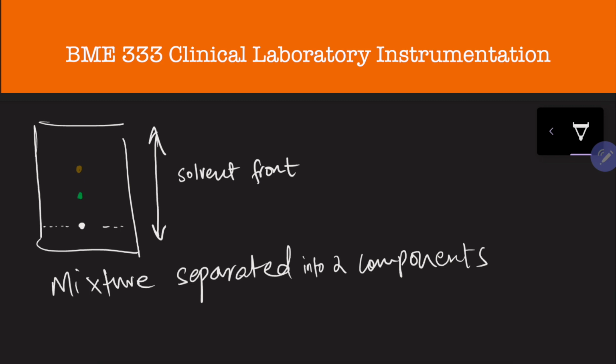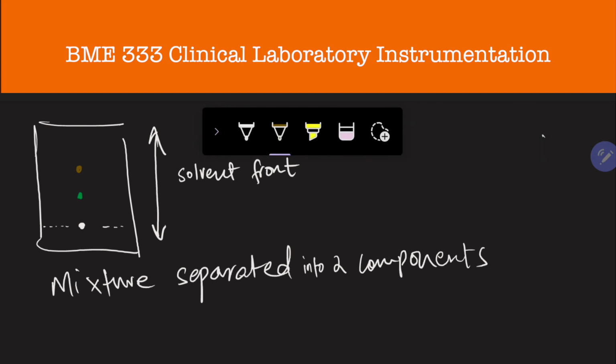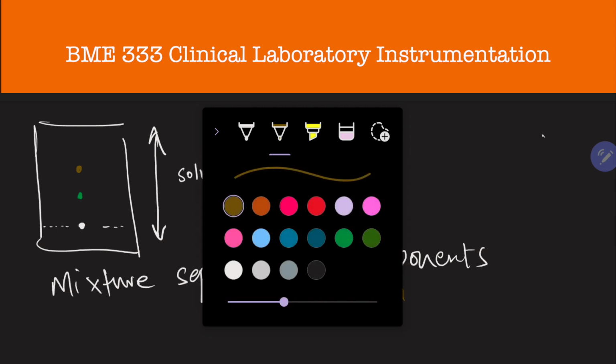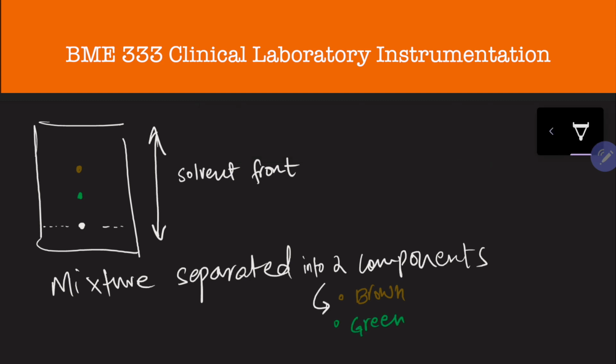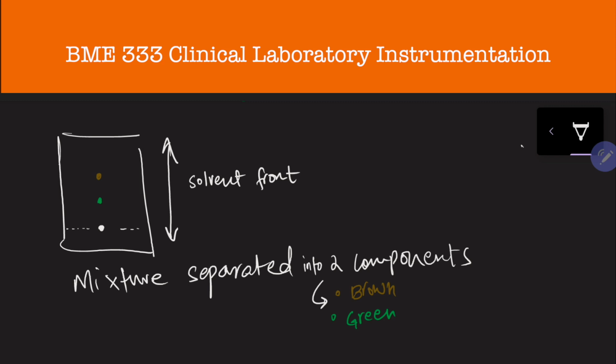TLC serves as a quick, cheap, simple way to identify the presence of compounds, but it's not a concrete way to identify them. It's not very reliable, as certain spots could appear together. The resolution is not very nice. You could see these dyes appearing together and find it rather difficult to distinguish between them.